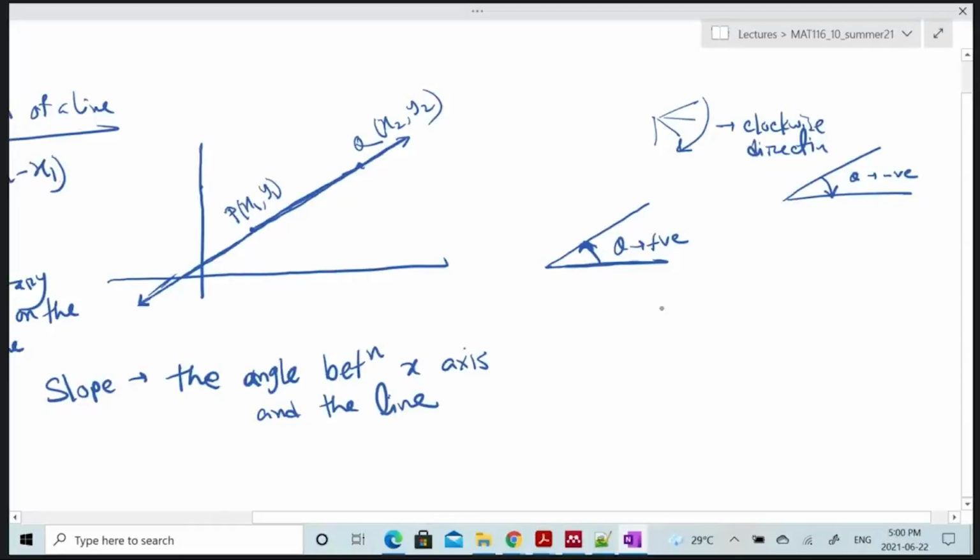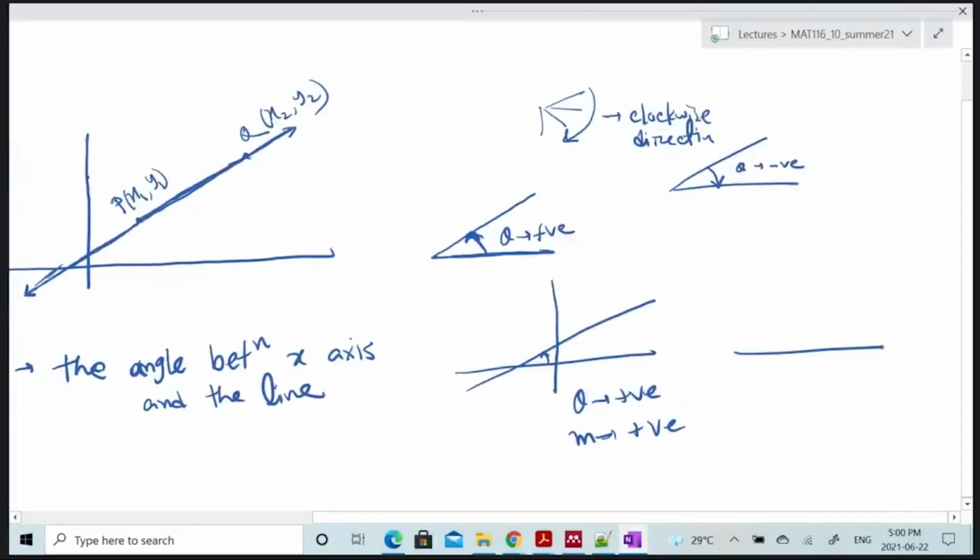So whenever you see a line like that, theta is positive, meaning your m is gonna be positive. If you find a line where the angle you are measuring is in clockwise direction, theta negative means your slope is gonna be negative.